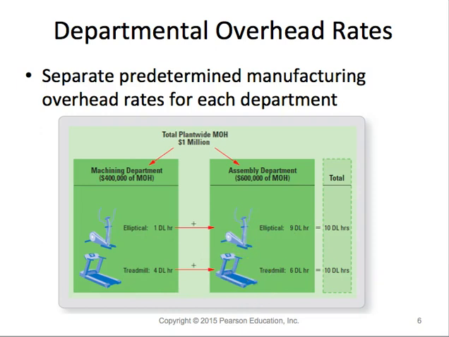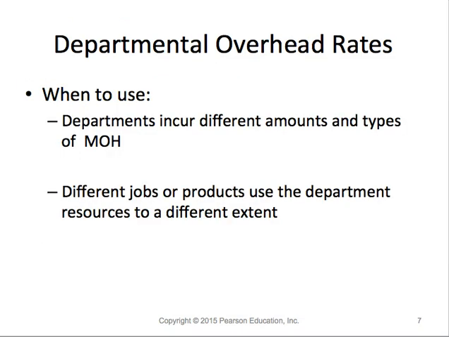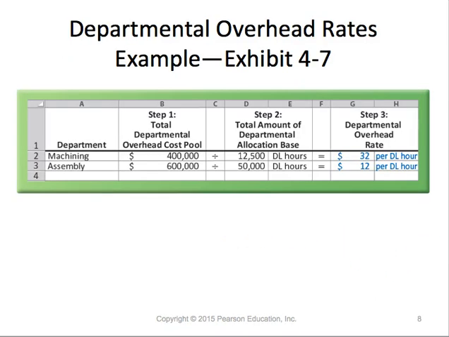So this is going to give us some very different numbers, and different jobs or different products use department resources to a different extent. If we use department overhead rates, it is 400,000 divided by the number allocated for the machining department, say 12,500 direct labor hours.